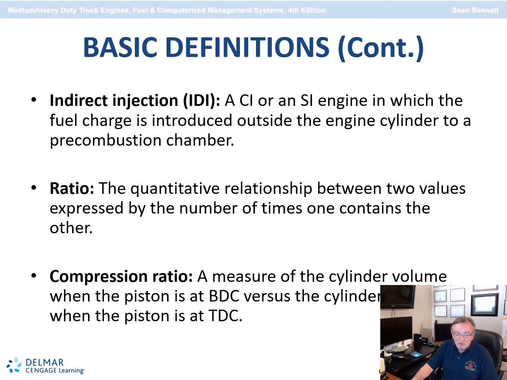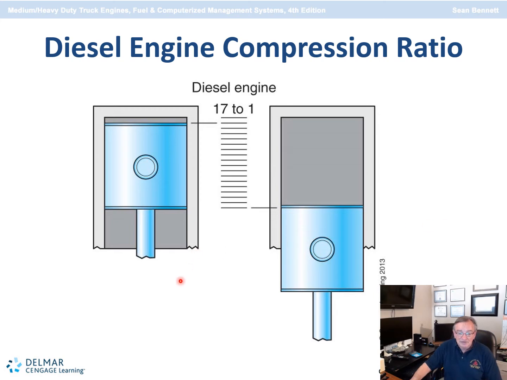The ratio is the number of times that values have been expressed, specifically in compression ratio, the cylinder volume at bottom dead center versus the cylinder volume at top dead center. Here we have a typical compression ratio of 17:1, so the volume is 17 times compressed.